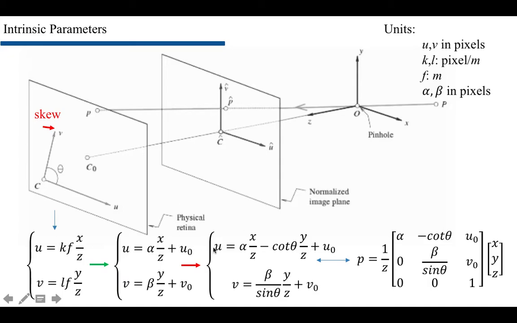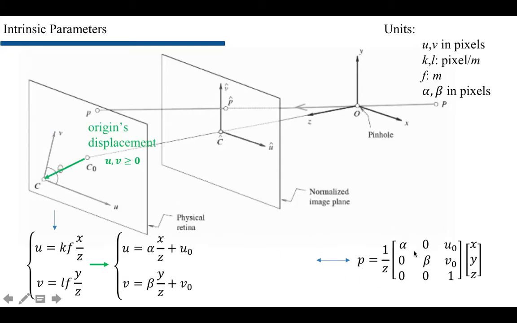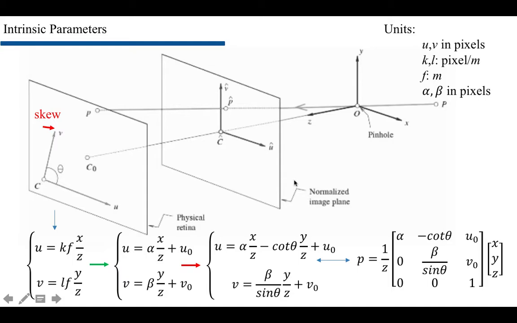So we're almost done, but there's an extra thing. Let me go back. If we review the matrix here, we will see that we have an alpha, we have beta, we have u0, v0, and our vector in camera coordinates. Perfect. But what else? Sometimes, if we don't have what we call square pixels, we could have a bit of skew, and this skew will produce axes that are not absolutely perpendicular. So in this case, we have to add an extra term.